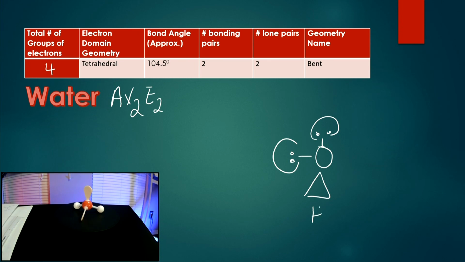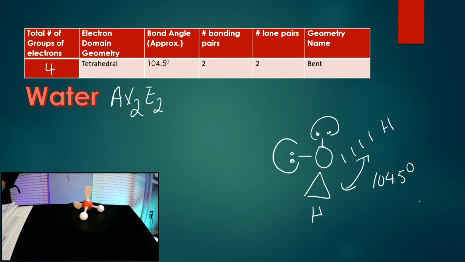This will be a hydrogen here, and the other hydrogen is moving away. Our bond angle between the two hydrogens is going to be 104.5 degrees. So that is a molecule of water in terms of its perspective diagram, where we have two lone pairs and two bonding pairs.